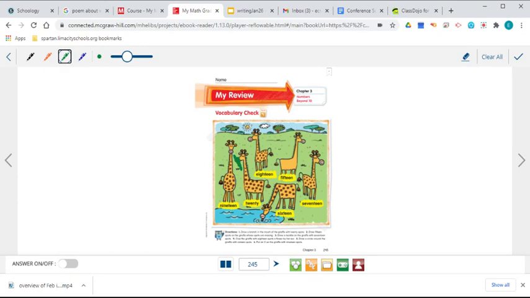All right. Our next direction says draw 15 spots on the giraffe whose spots are missing. And did you notice that that giraffe has his spots missing? So with your crayon, or your pencil, draw 15 spots.